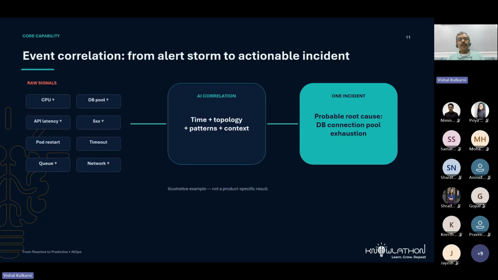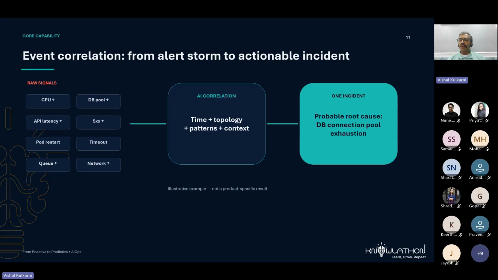Now, as we move on, event correlation: from alert storm to actionable incidents. Our objective is to look at it from the perspective of whether we can reduce the noise, avoid duplication of alerts, and get meaningful data in our hands. Definitely a human can correlate the signals, but it requires looking across the tools and understanding the topology or a dependency graph.